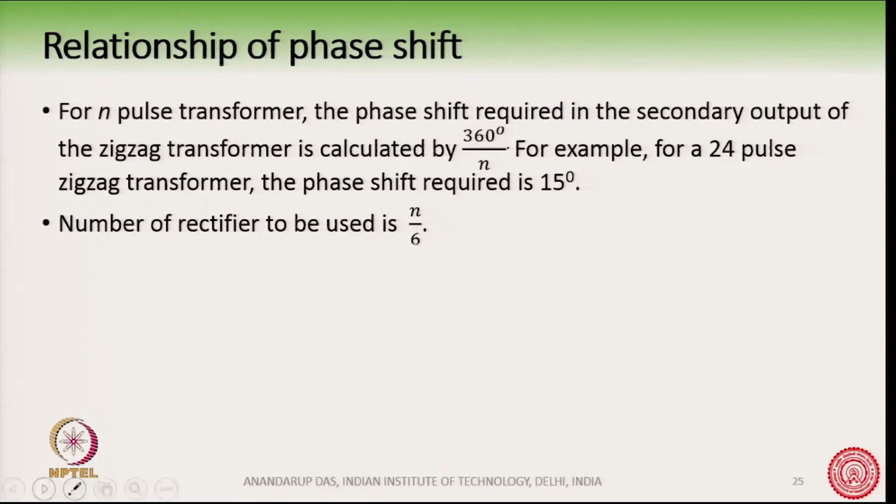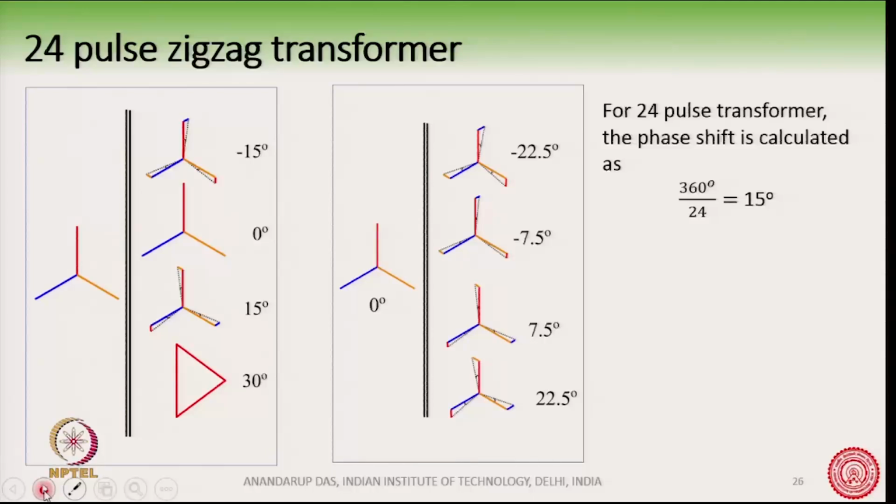Let me show you a connection here. You see here a 24 pulse zigzag transformer connection. The primary is connected in star and there are 4 secondaries. Why 4 secondaries? Because for a 24 pulse we require 4 secondaries, each rectifier gives 6 pulse.